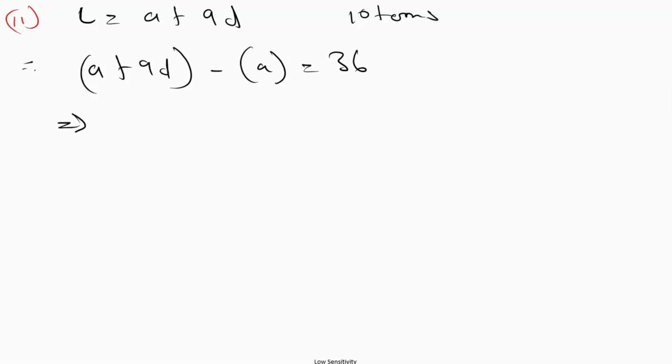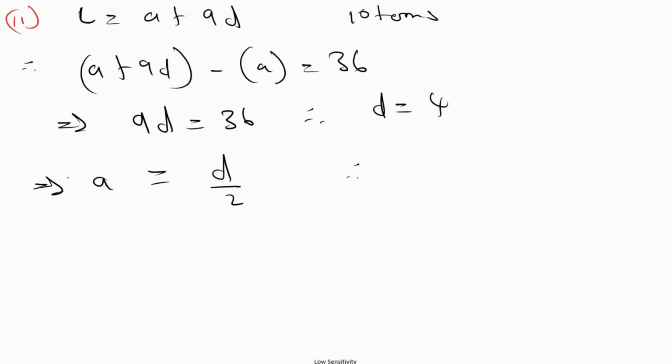So we have 9d equals 36. Therefore, d equals 4. Since d equals 4, from the previous question we said a equals d over 2. Therefore, a equals 2.